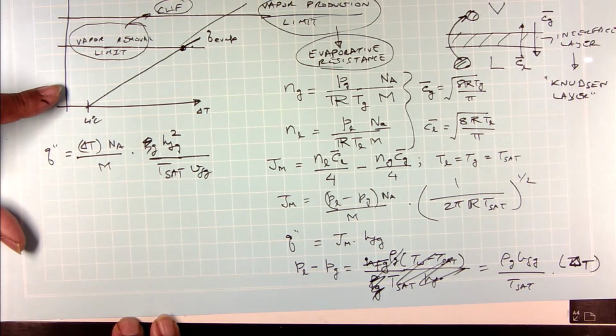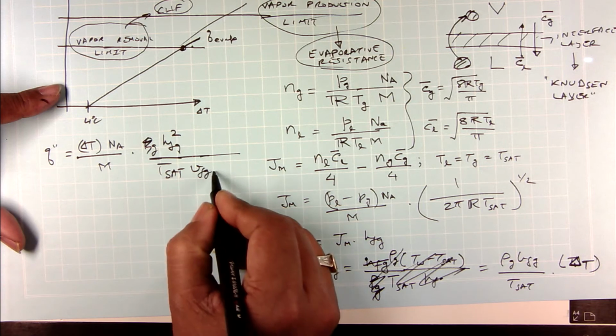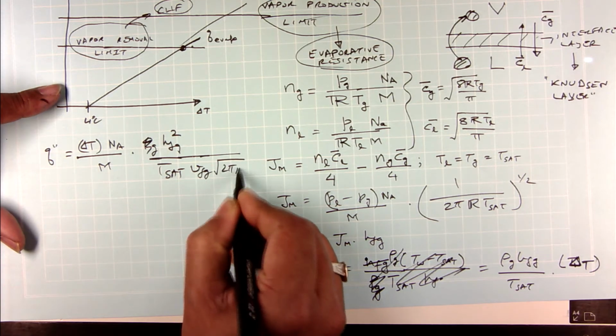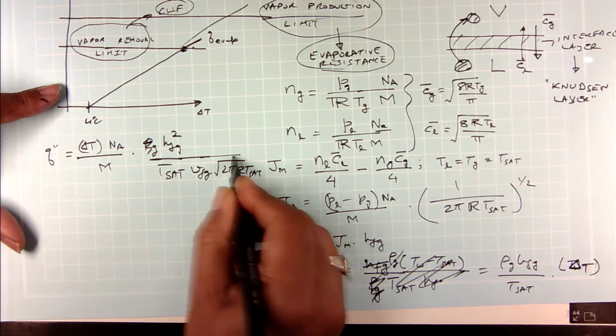And what else? And then I have a root of 2 pi r times T sat, isn't it?